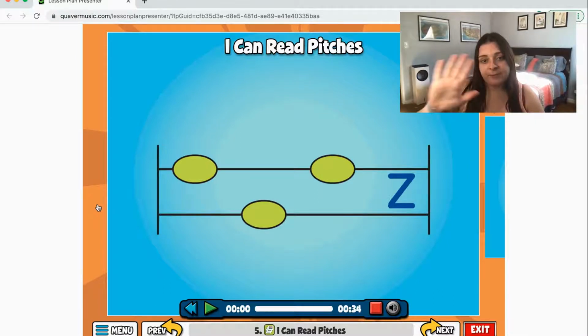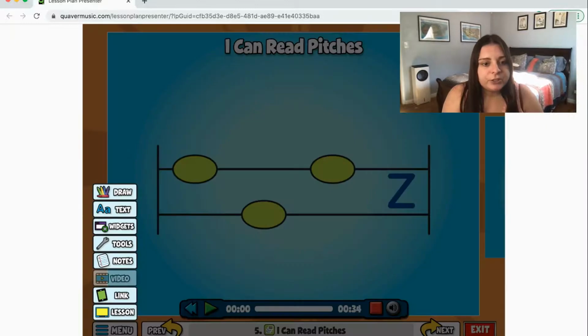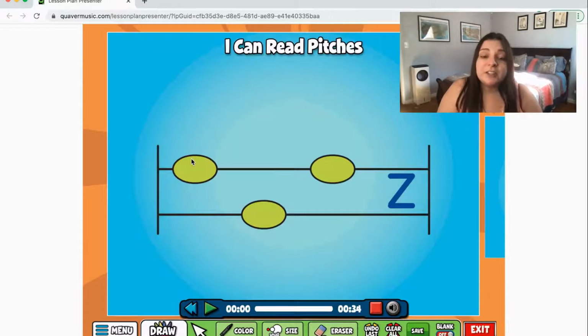Sol, remember, is the 5th pitch. 1, 2, 3, 4, sol. And mi is the 3rd pitch. 1, 2, mi. So for this first screen, I am actually going to draw which pitch is mi and which pitch is sol. And then I'm going to sing that to you, and you can repeat back to me.